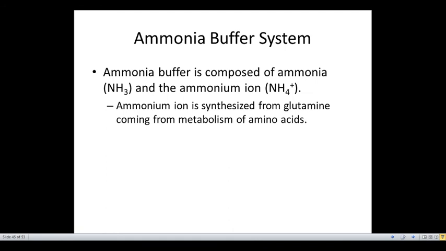Ammonia buffer is composed of ammonia and the ammonium ions. Ammonium ion is synthesized from glutamine coming from metabolism of amino acids in the renal tubular cells.